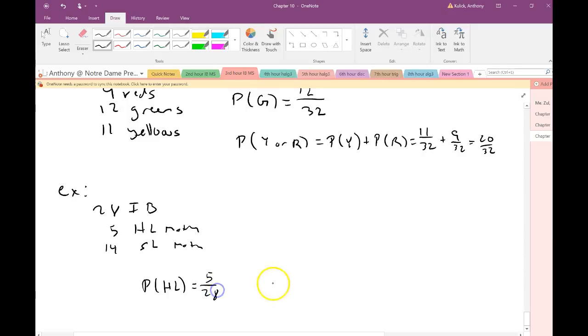That's 5 out of 28. The probability we select an HL or SL student, are these mutually exclusive? Can you take 2 IB classes in the same subject area like that? You can't take HL Bio and then SL Bio at the same time. You can't do that. So those are mutually exclusive.